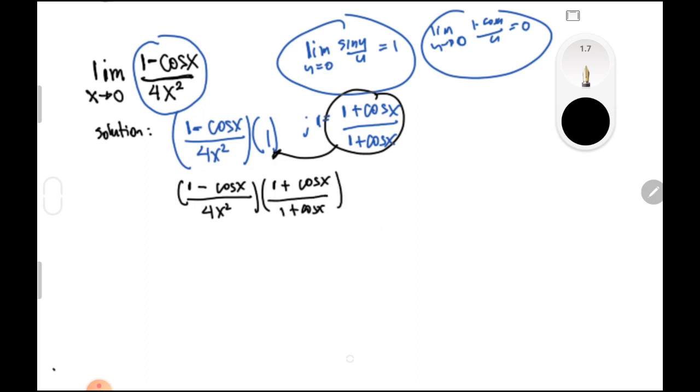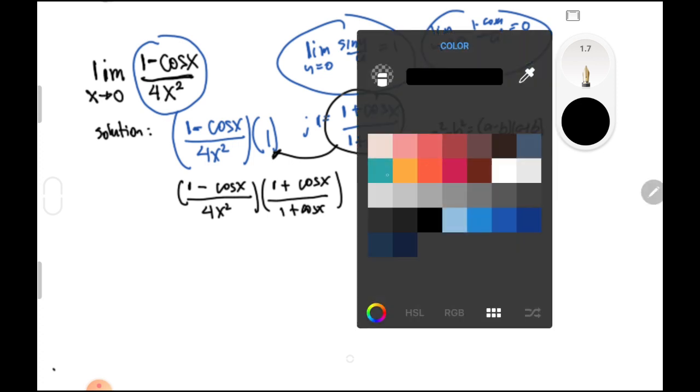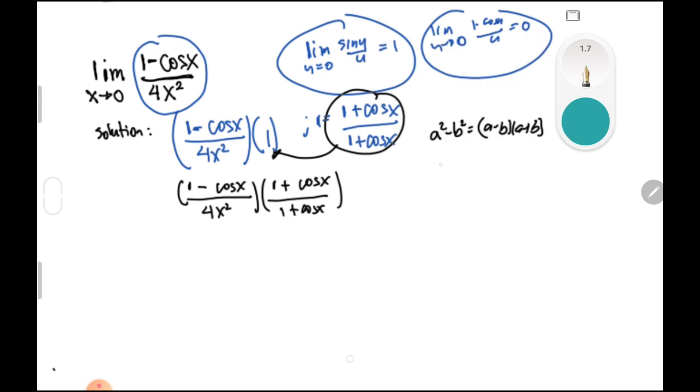Okay, so why is it that I would want to have the positive sign and not the negative sign? As I have said, a squared minus b squared, which is equal to a minus b multiplied by a plus b, is very useful in calculating any problem, especially in our trigonometric functions, because I would want to introduce to you the Pythagorean identity of our trigonometric functions.